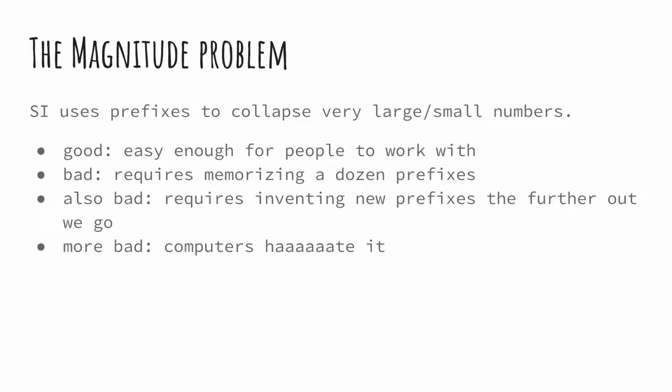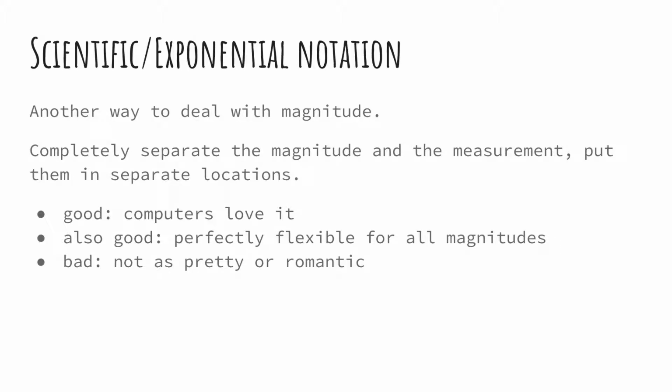Which is why we've come up with scientific notation, or exponential notation. Two different names for the same thing. This is another way of dealing with magnitude. You just completely take the magnitude out, make it a completely separate thing. And it's great because computers love it, and it's also great because it's perfectly flexible. It works at any magnitude, you don't have to invent anything.